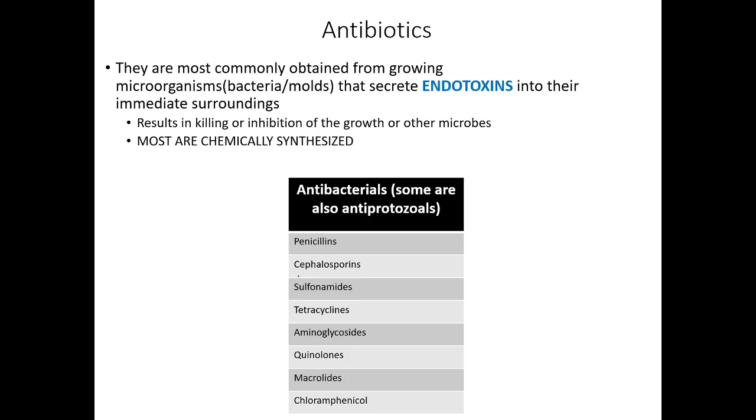There are 1, 2, 3, 4, 5, 6, 7, 8 classes here, and you are going to need to know many drugs from each of these. So we're going to talk about them in terms of classes that will have similar attributes, and then you will be able to name certain drugs from inside of those classes. This is how I want you to start to separate them.